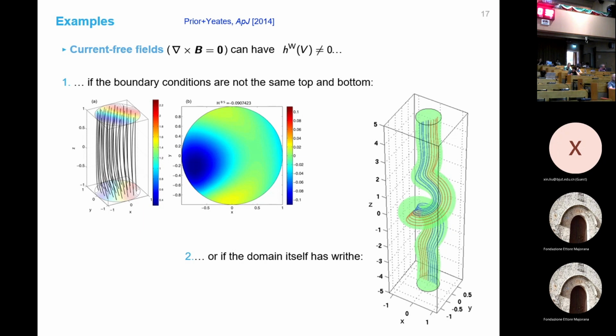And in this domain, the boundary conditions are uniform, but you pick up a winding because the whole domain is wound. So you could think of this as a kind of writhe helicity, and the previous slide was a twist, I guess. But anyway, in these more general domains, you pick up this topology.